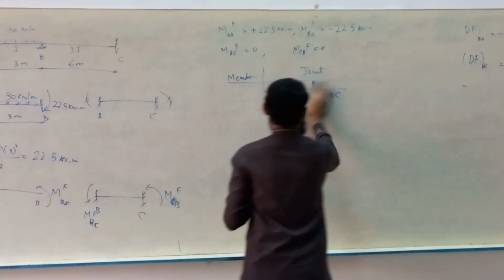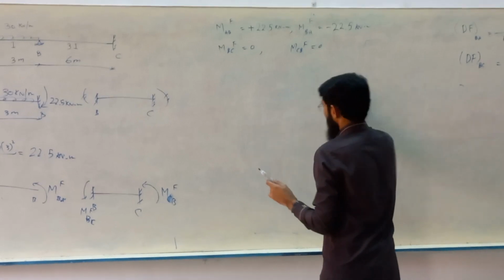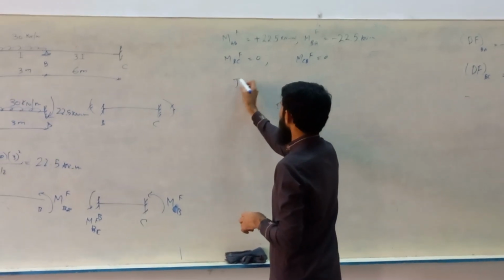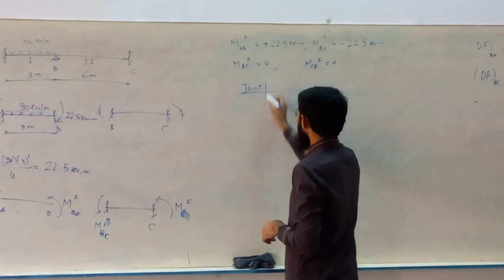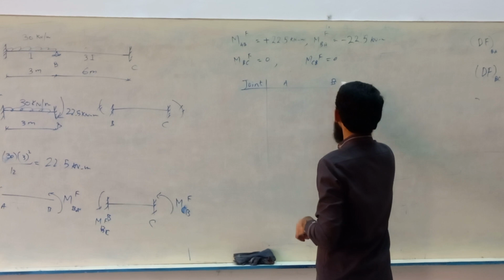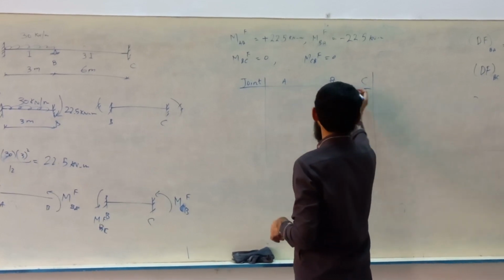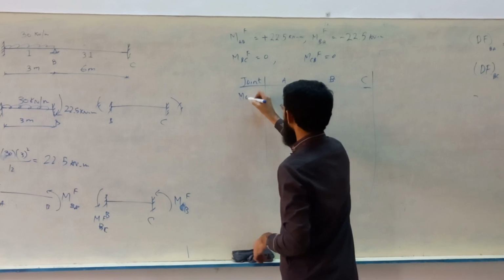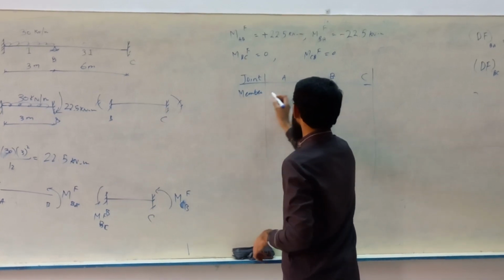Alright, let's write all the joints. I'm sorry for that. Let's write all the joints. So maybe I could say joint over here. We've got A, B, and then C. No problem, be very careful. If you're not making mistakes, you're not thinking deep enough.